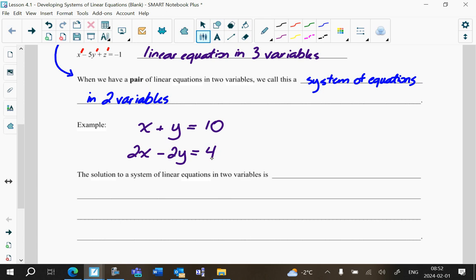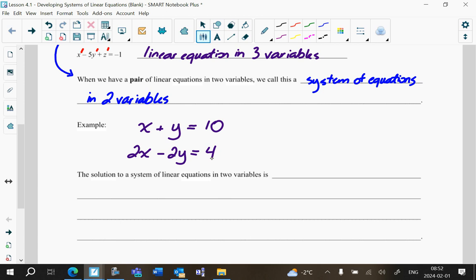Okay. This one, 5 and 5 are not going to work, because even though 5 plus 5 is equal to 10, 2 times 5 minus 2 times 5 does not equal 4. So it's got to be a different pair of numbers.